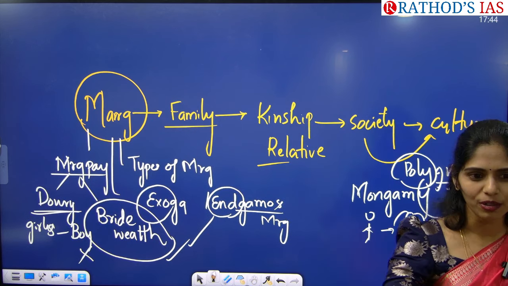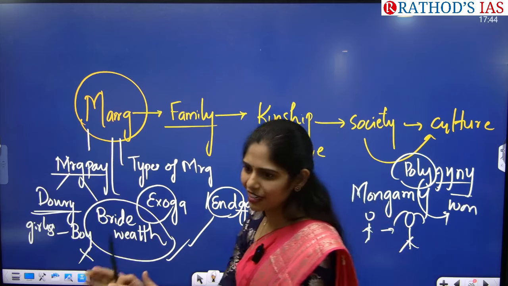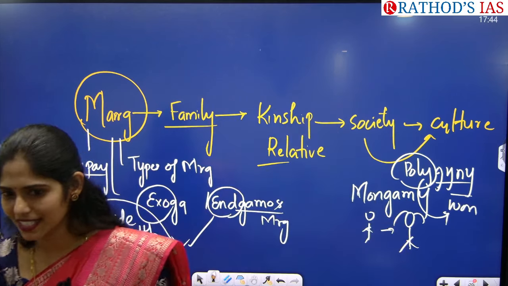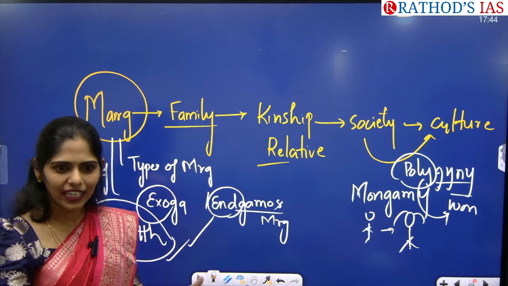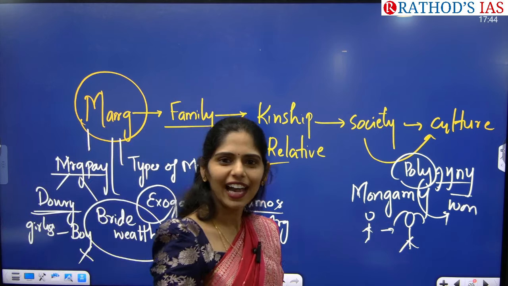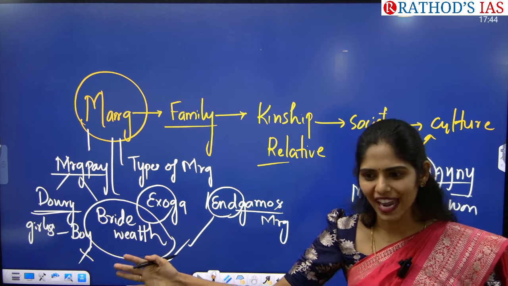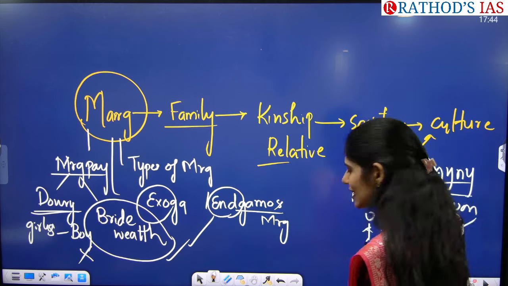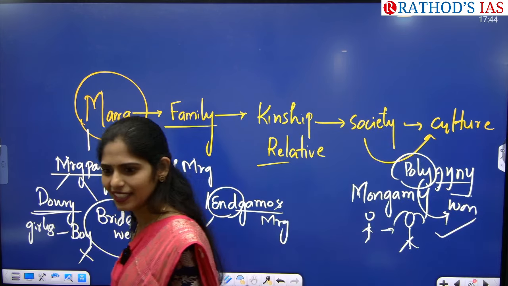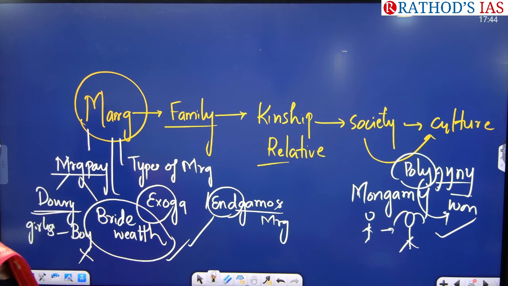Whenever females are more and men are less, one man can marry more women. Apart from that, in any agricultural society, agriculture is labor intensive, so they need more hands. So in those societies they will go for polygyny, yes. And any more things that you can add?